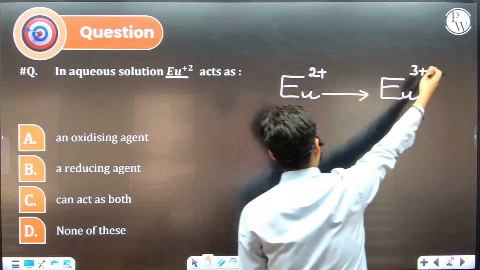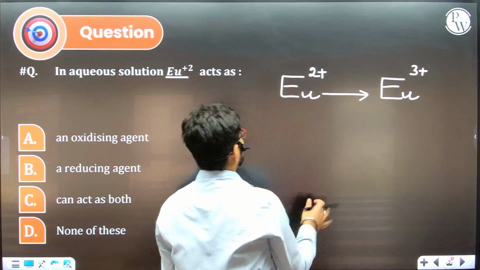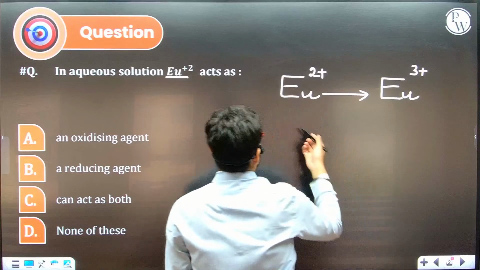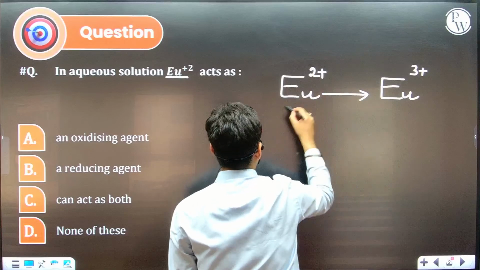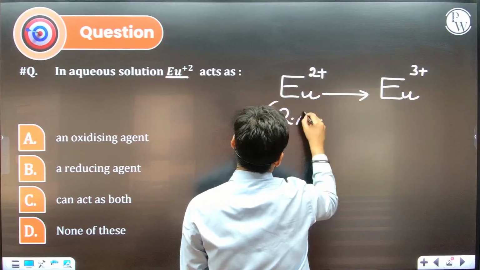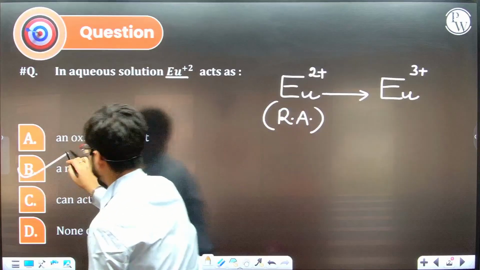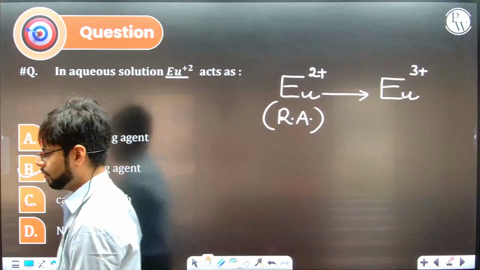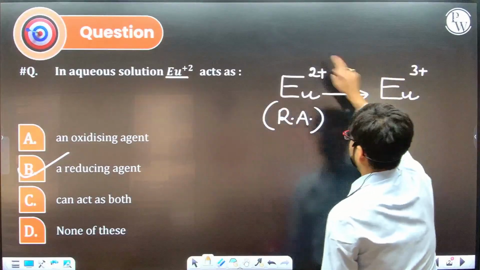That means the +3 oxidation state is more stable than the +2 oxidation state for europium. That means this is getting oxidized. Hence, I will say that Eu2+ is acting as a reducing agent. So option B is the correct answer. This is a more stable oxidation state than +2.